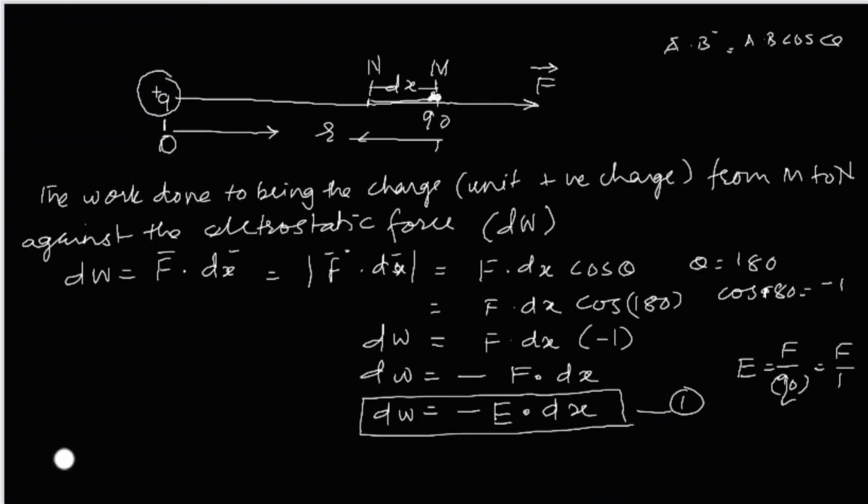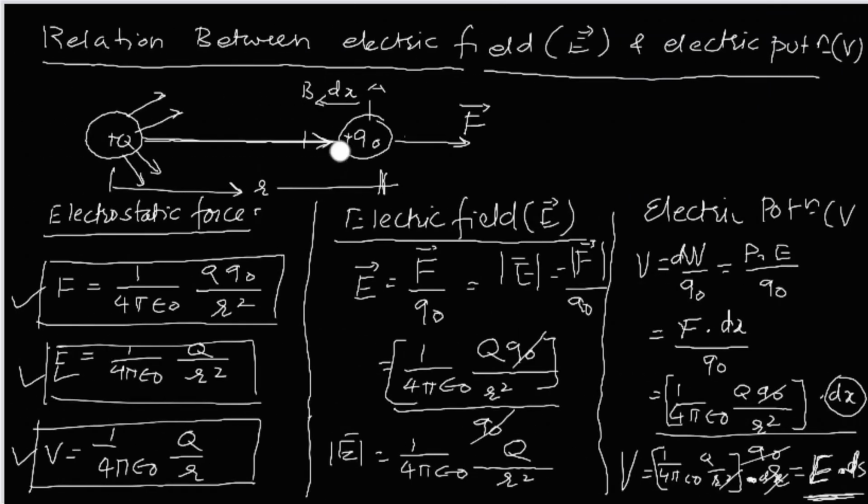Now we know dW, the work done. If we compare with the potential, see the relation between potential and work done. So dW is equal to V into Q0, isn't it?